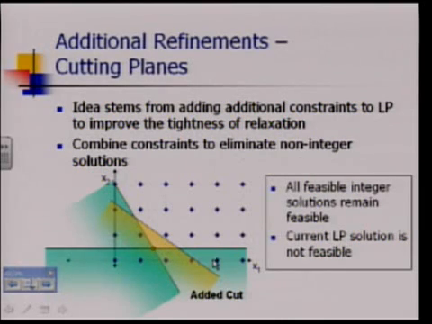That's not the key. The key is that by doing this, you eliminate some non-integer solutions automatically, so that the original integer solutions will remain feasible. If it's feasible, it is still feasible. But by doing this cut, in fact, we shrink the region so that it's relatively easier to find an integer solution.